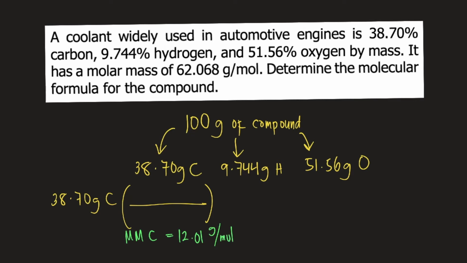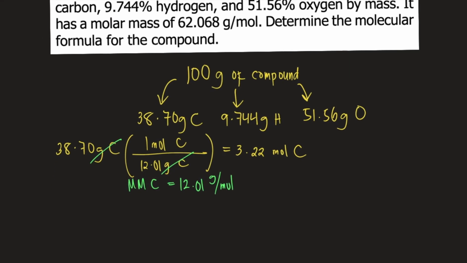So you put 12.01 grams at the bottom, and on top you put 1 mole of carbon, so that the grams of carbon cancel and you're left with moles of carbon. Solving for the moles of carbon, this is equal to 3.22 moles of carbon.